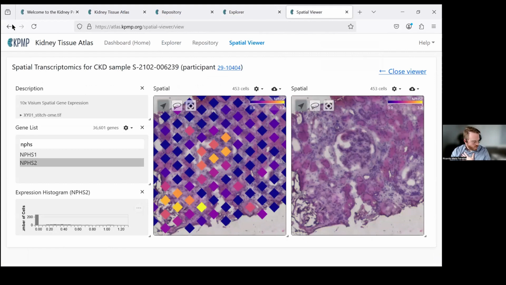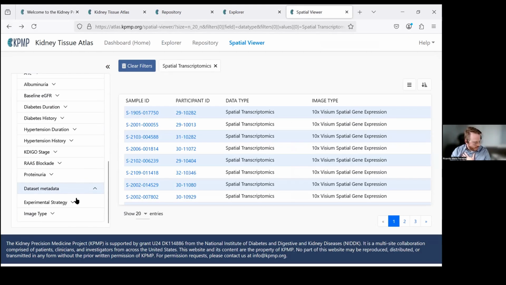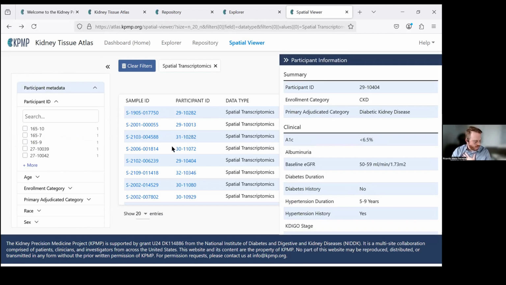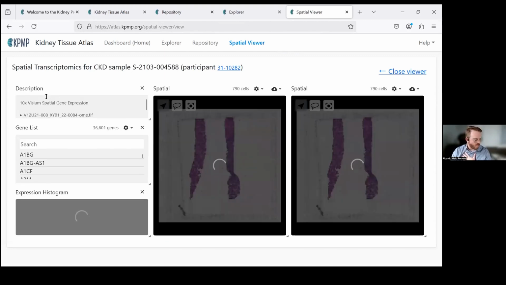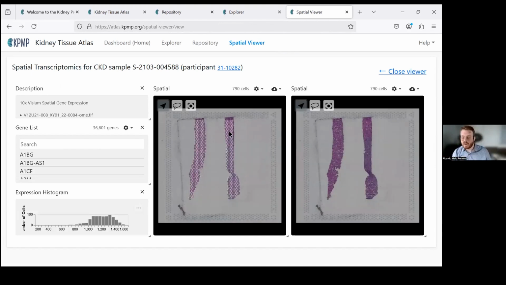And then there is the spatial viewer, where you can select, for instance, spatial transcriptomics or spatial lipidomics or CODEX, which is protein imaging. Once you click on a particular sample, in this case of spatial transcriptomics, you can search genes or proteins, and you can link histology with the gene expression or the protein expression or metabolites, for instance.